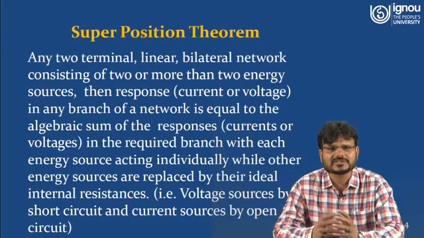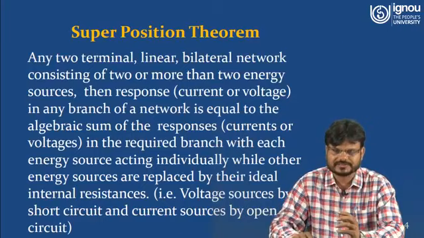And what is the internal resistance of an ideal voltage source? The internal resistance of an ideal voltage source is 0, which means it can be replaced by a short circuit, and the internal resistance of an ideal current source is infinite, which means it can be replaced by an open circuit.